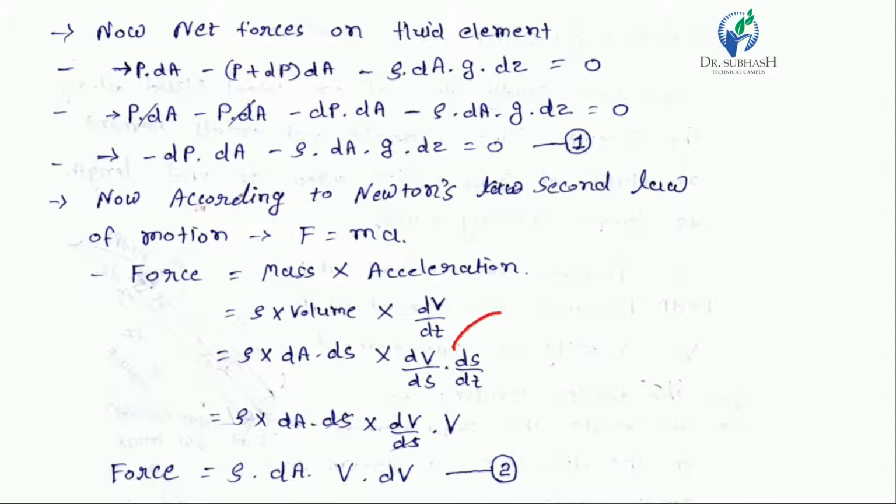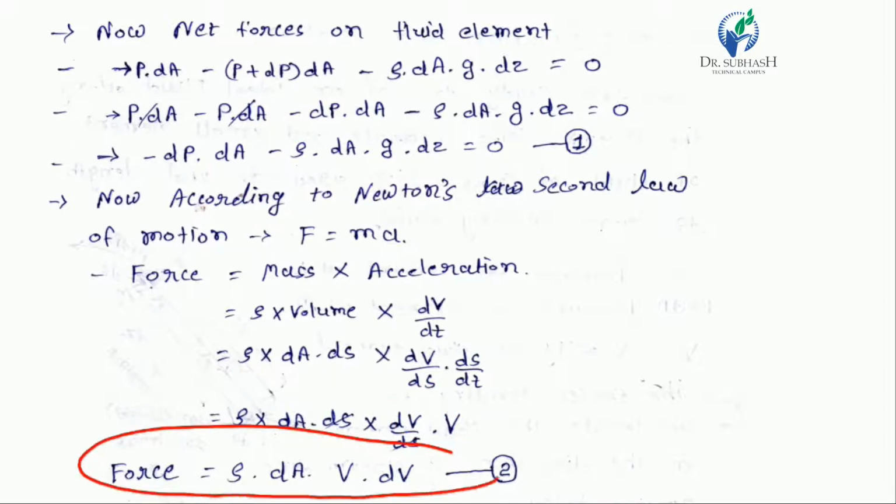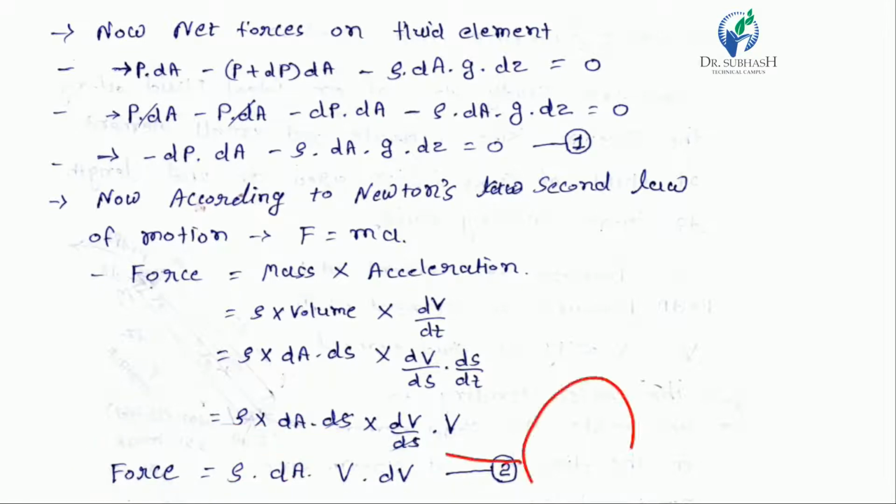Multiply and divide by ds, writing it as dv upon ds and ds upon dt. Here ds cancels, so what remains is rho dA v into dv. So force is equal to rho dA v dv. This is equation 2.